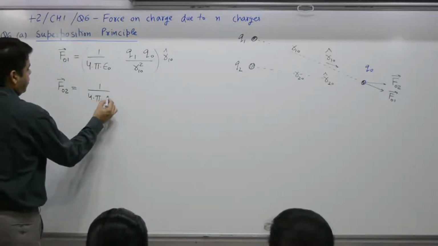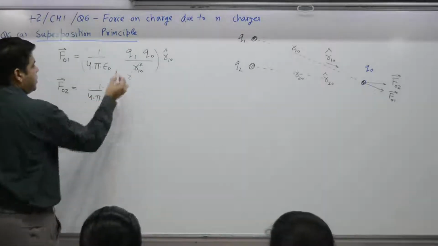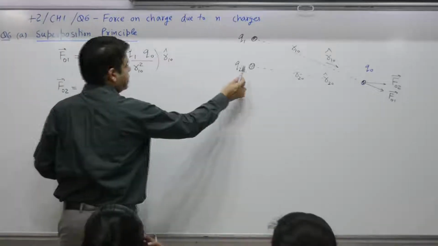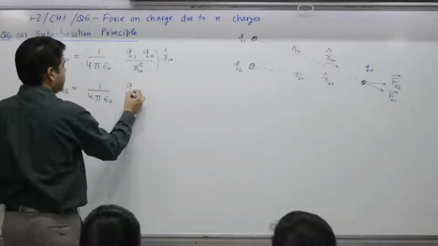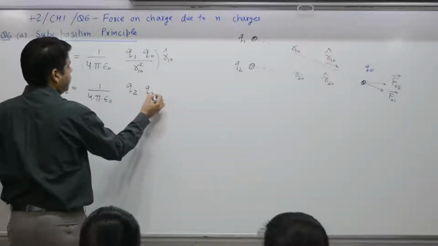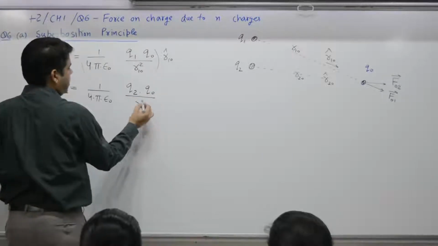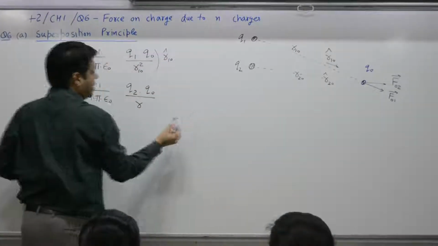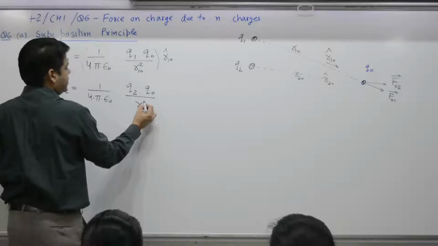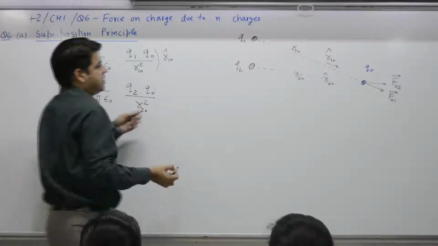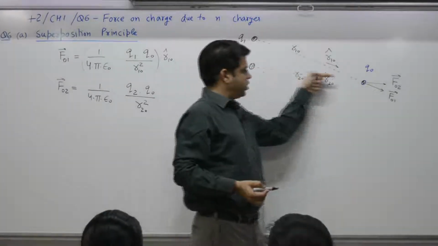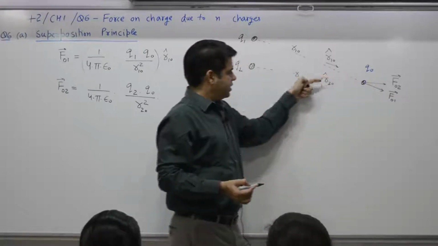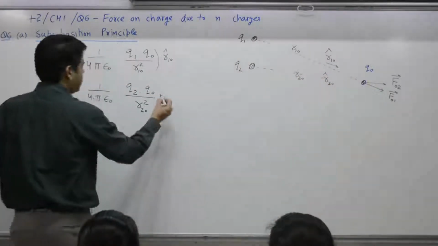1 by 4 pi epsilon naught. In place of Q1 you get Q2, Q naught over the distance between the two, R2 naught square. The direction along this line is R2 naught.